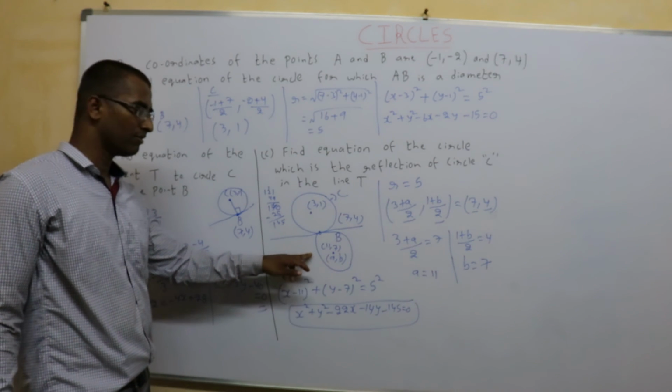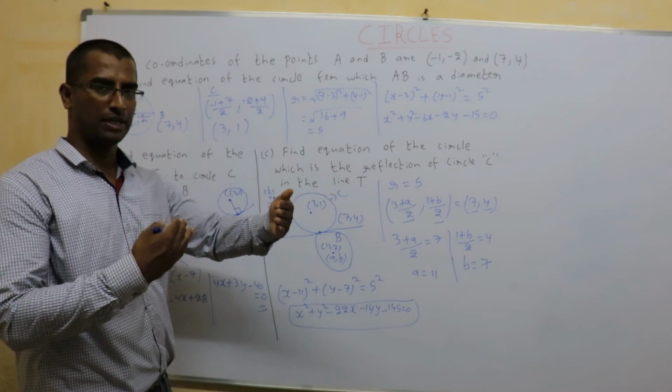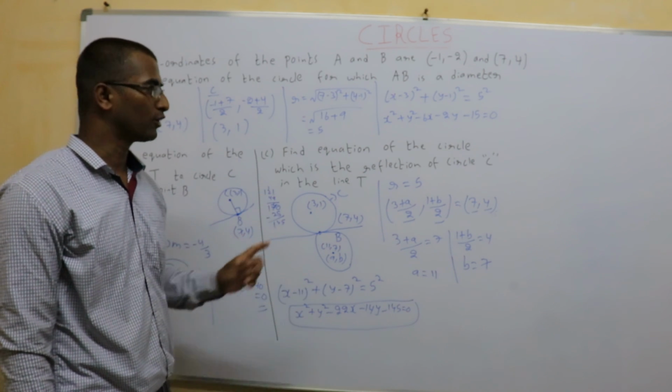This is the equation of this circle. Reflection means that the mirror will be the midpoint between you and the image. If you know that one idea, you can do this sum.